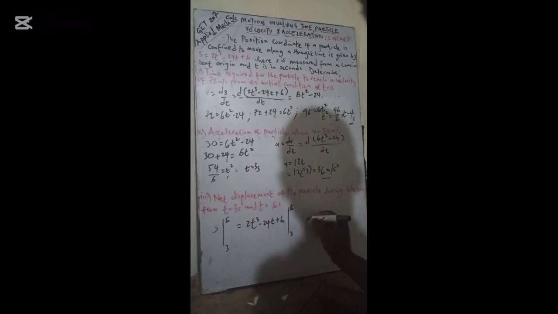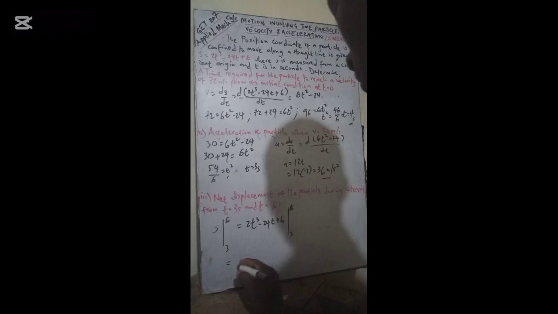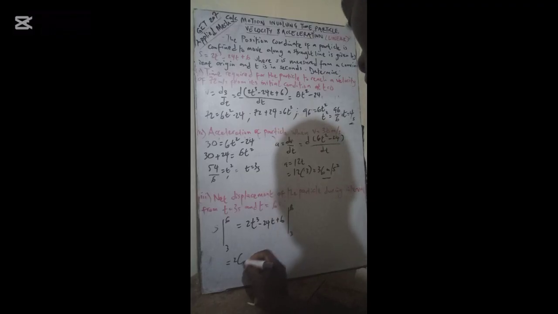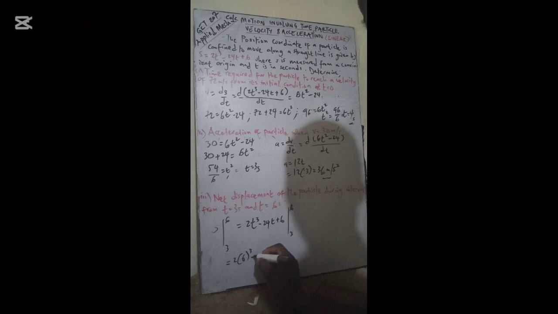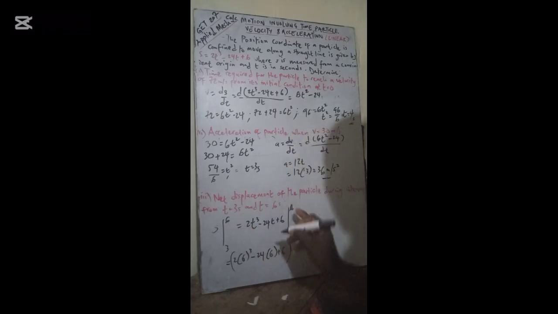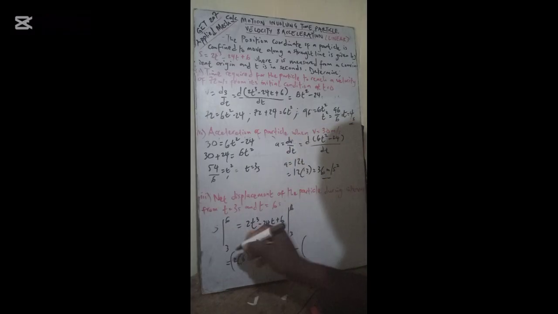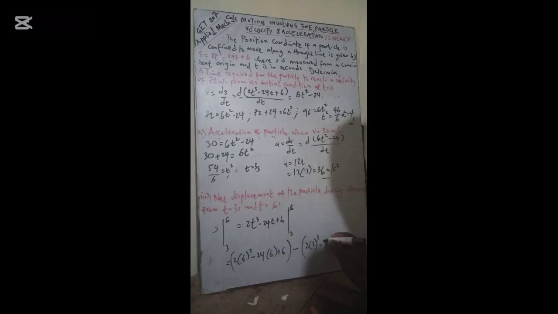So let's just do that. You are going to have 2 into bracket 6 cubed minus 24 into bracket 6 plus 6. That's for t equals 6. And for the second one, you have 2 into bracket 3 raised to the power 3 minus 24 into bracket 3 plus 6.